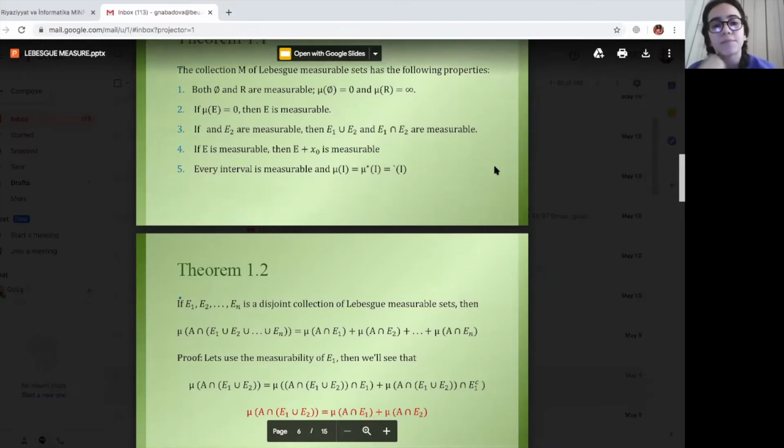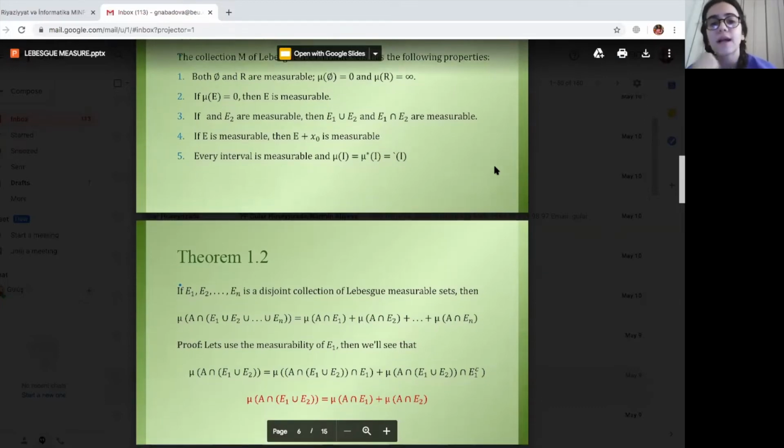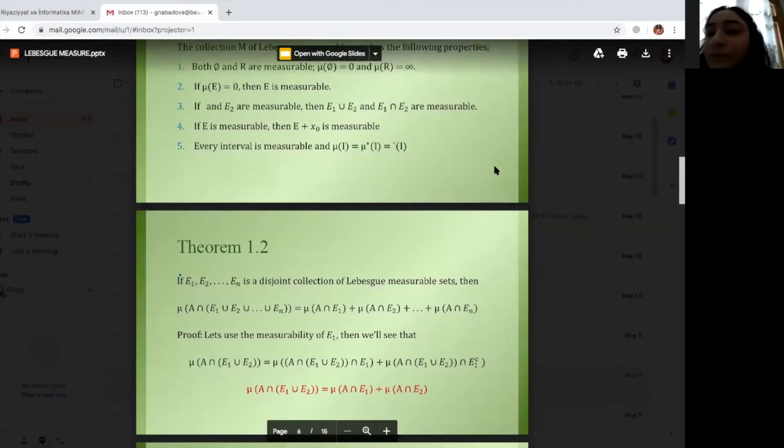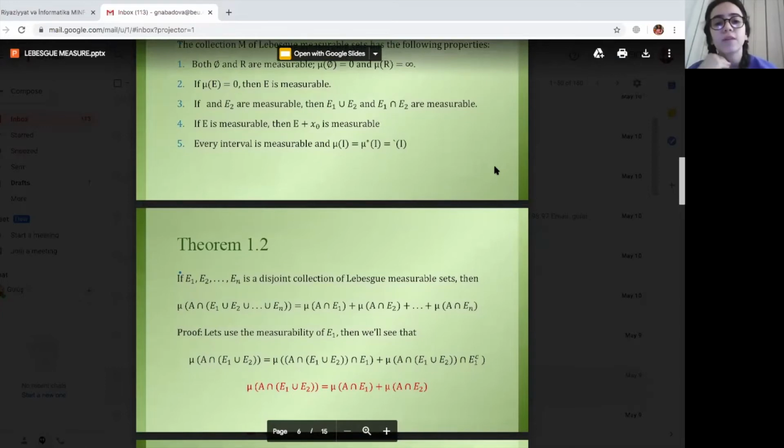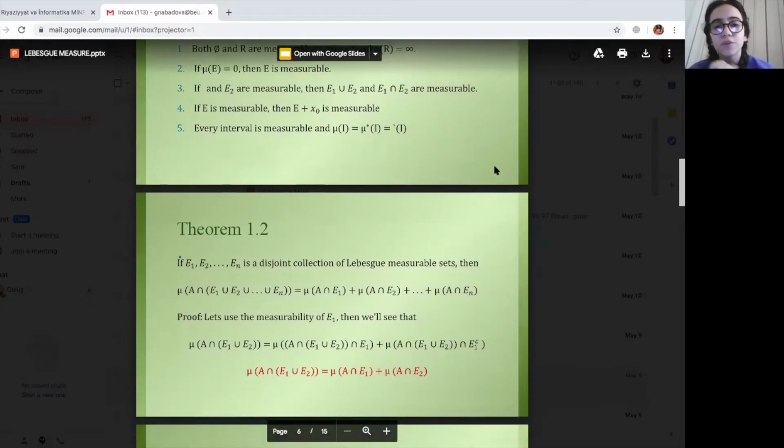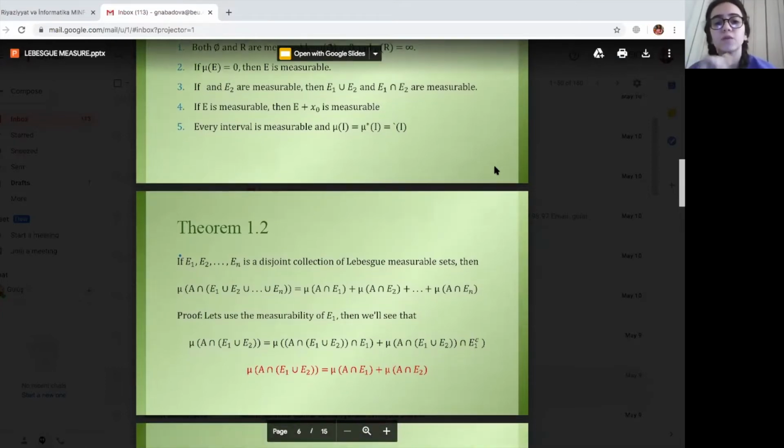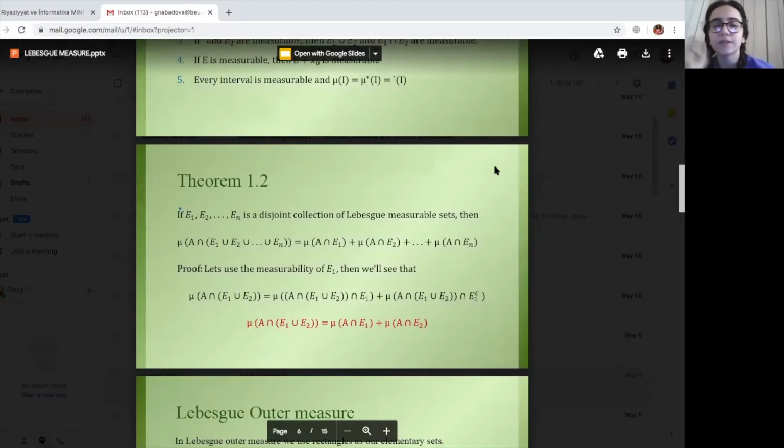If A is measurable, then A plus x0 is also measurable. Every interval is measurable, and mu of A is equal to the outer measure of A, and the Lebesgue measure of an interval is equal to its length.